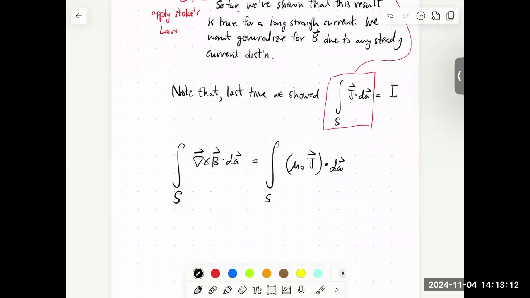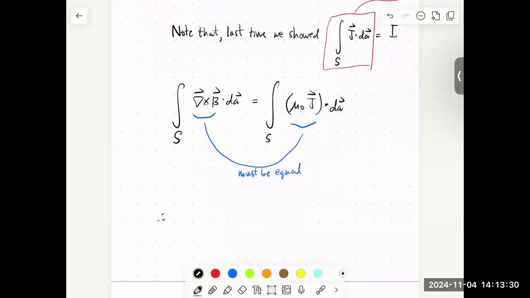And so what we have is the same surface integral, and it can only be equal if the integrands are equal. Therefore, the curl of B is equal to mu naught J.